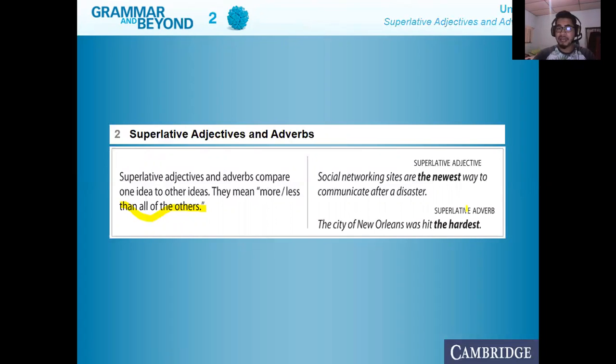Let's focus on the following. When we talk about the newest, we're talking about an adjective because we are describing, or giving a characteristic to, the networking sites. In the other case, the city of New Orleans was hit the hardest. Remember that when we talk about an adverb, we're talking about the way in which the action is happening. In this case, we're talking about the way in which New Orleans was hit.